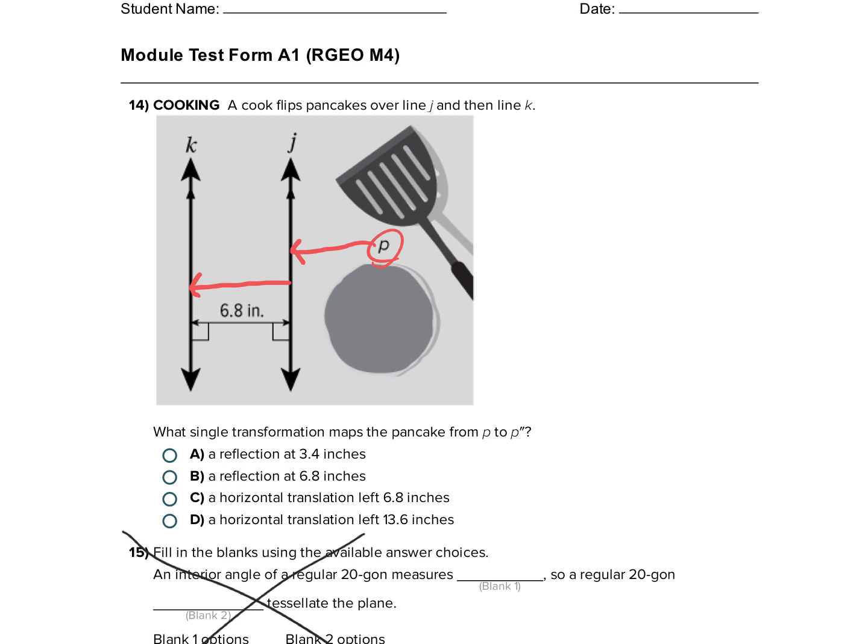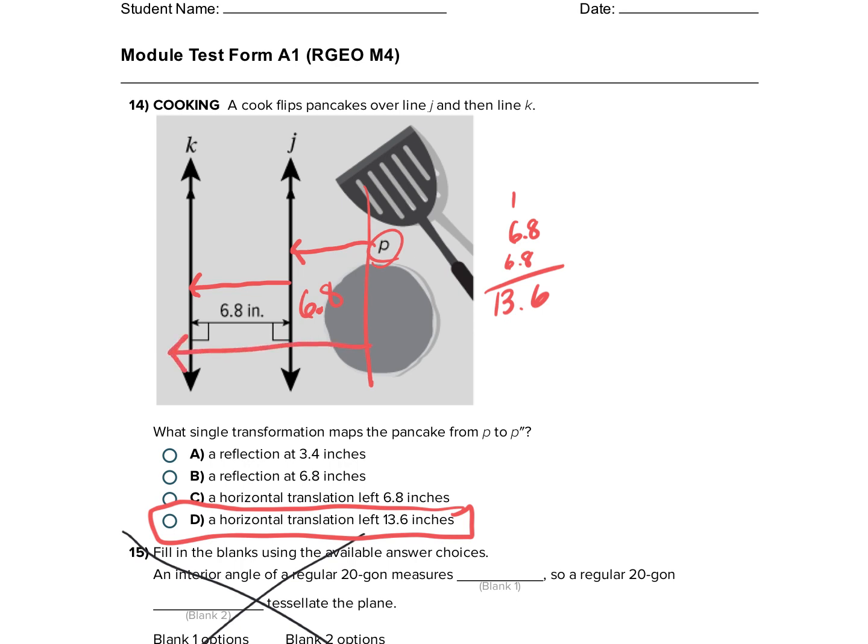But the fact that J to K is 6.8 inches, if we assume that P to J is 6.8 inches, if we add those two together, I get 13.6, and that's what they're trying to get you to see: two reflections over two equidistant lines is the same as a single translation of 13.6 inches to the left.